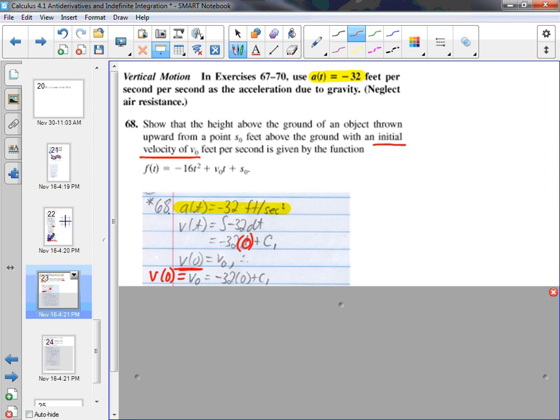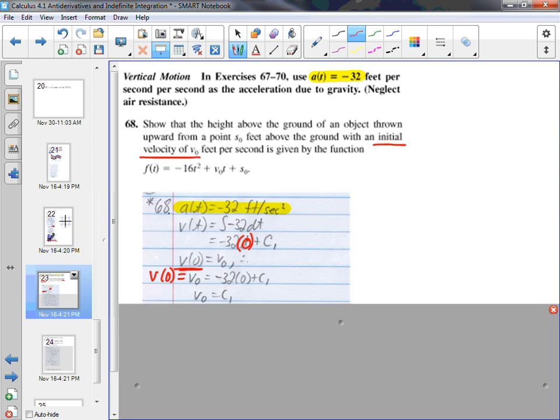And what is negative 32 times 0? So our initial velocity is simply whatever c1 is.